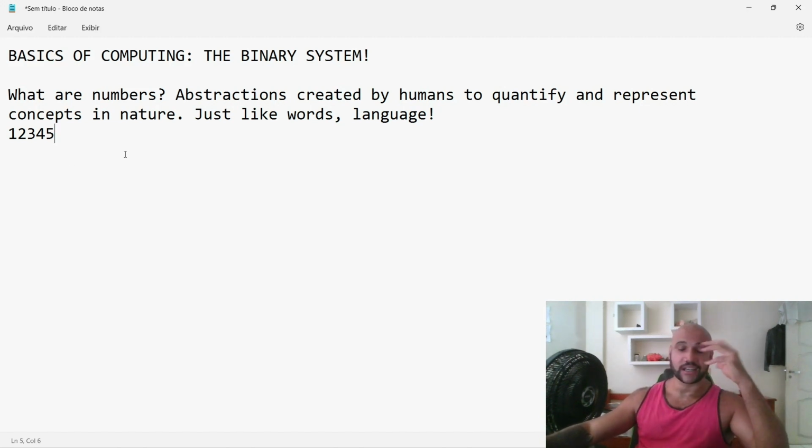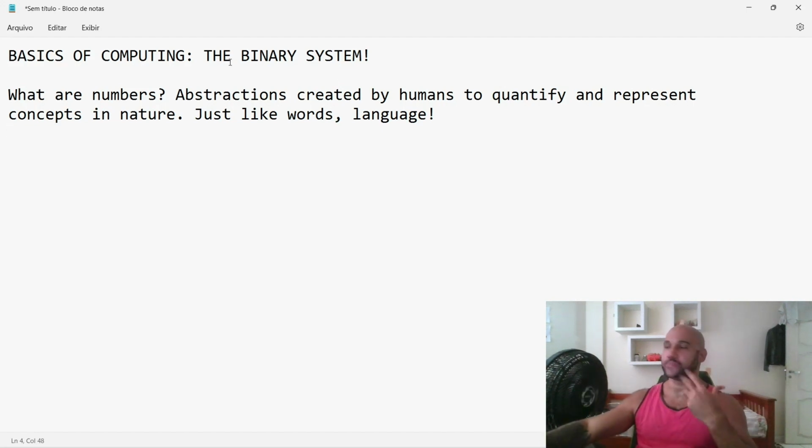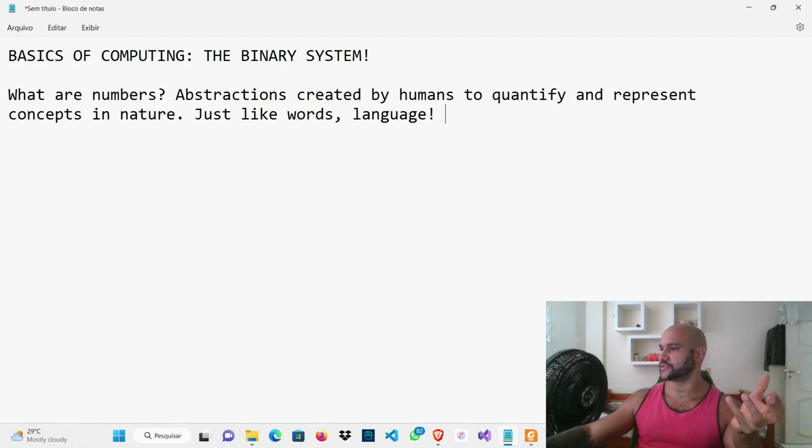This is a kind of philosophical concept, but they don't exist despite humans. They are abstractions created by humans to quantify and represent concepts in nature. Just like words, words are also abstractions. Do you agree with me? So this is the first layer of abstraction.